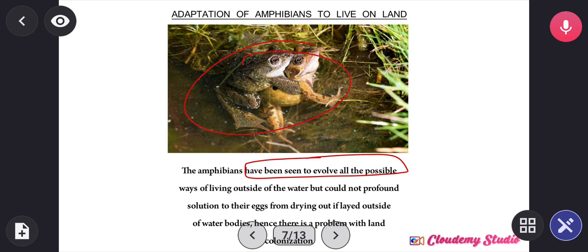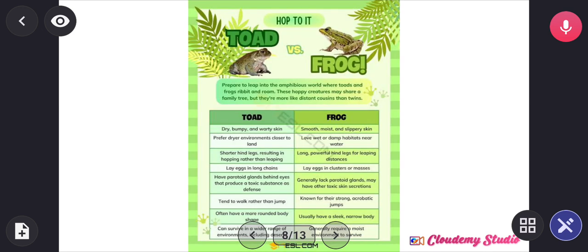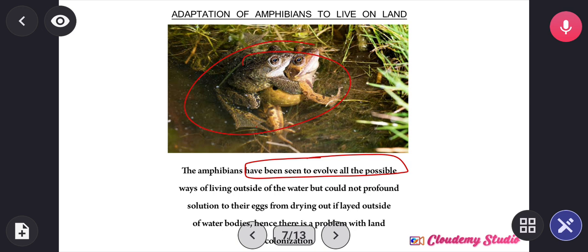But one of the problems they have in land colonization is that they have to move back to water to reproduce. So let us talk about the problems of colonization in amphibians. Like I said, amphibians are the first animals to venture on land.